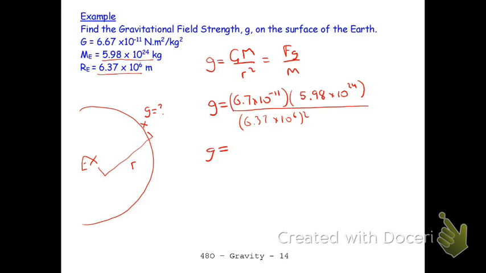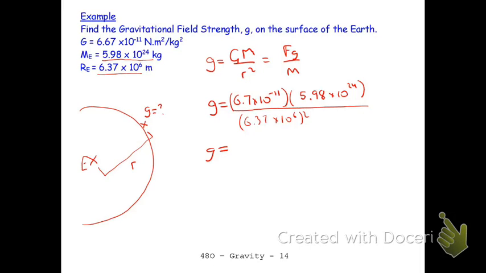So G is equal to, and this becomes a kind of calculator problem where you go 6.7 second e to the minus 11, enter. And then you say times, and you go 5.98 second e to the 24, enter. So I've done the top line. And then I got two choices.